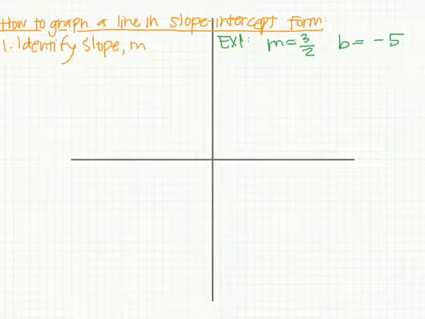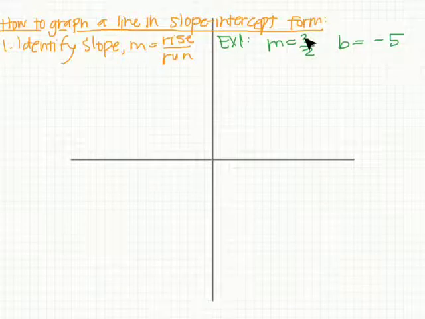We also know that the slope equals the rise over the run. Well, over here I have my slope, m equals 3 over 2. So that 3 tells me that I'm going to be going up 3. 2 tells me I'm going to be going over 2. So I know that my slope here is 3 over 2.